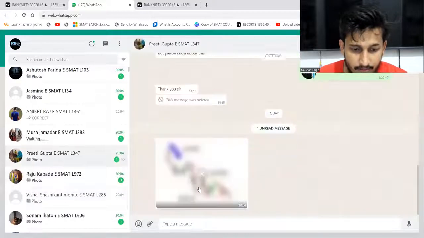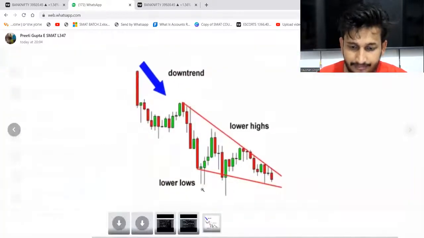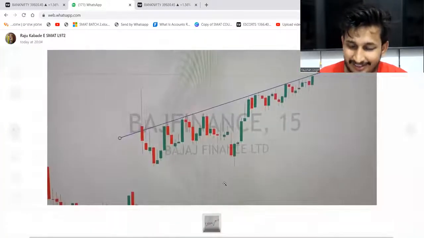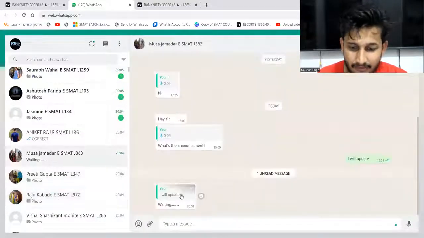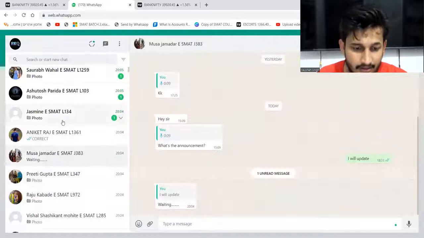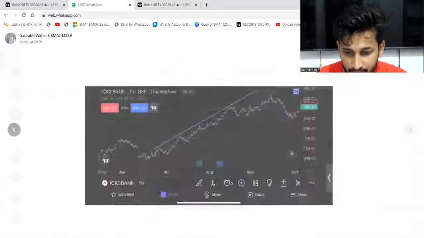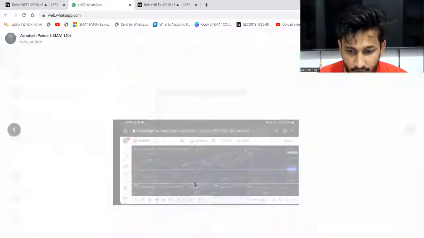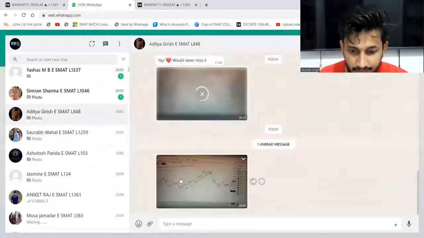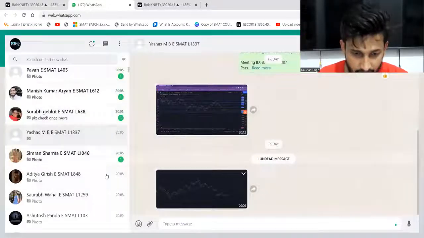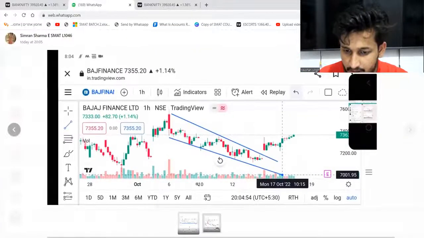Preeti, send a picture, not by downloading a picture. Correct. Saurabh, correct. Ashutosh, correct. Yashas, correct. Simran Sharma, correct.